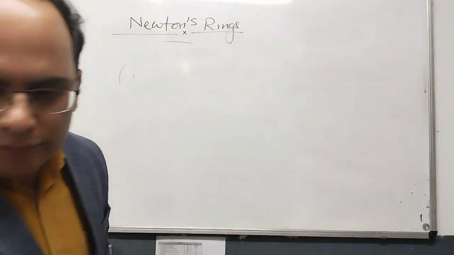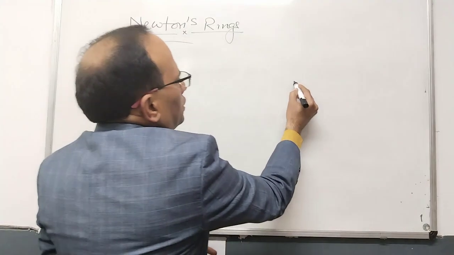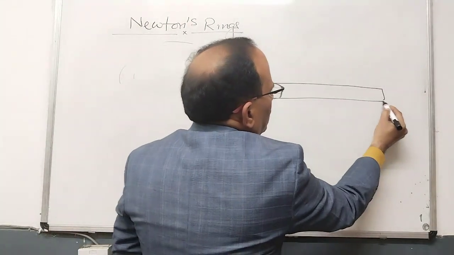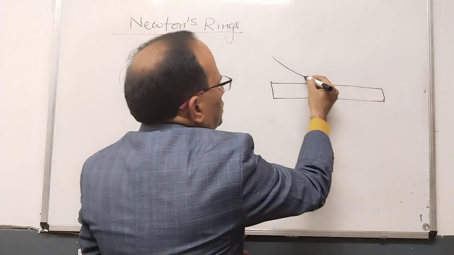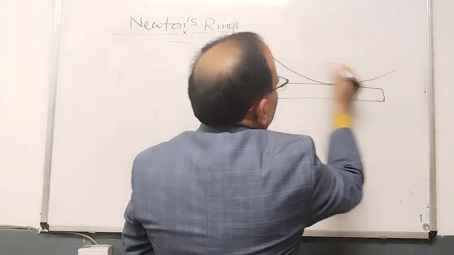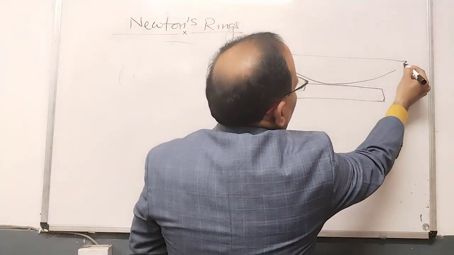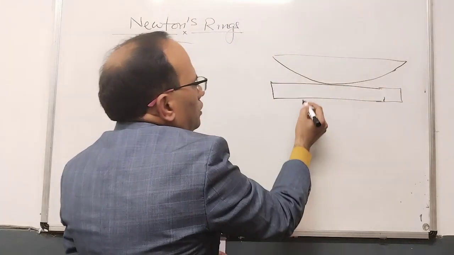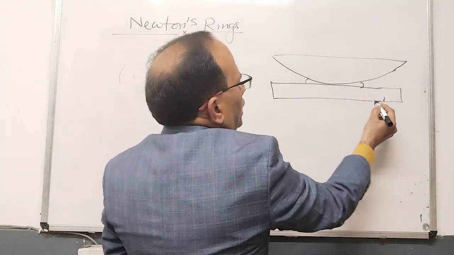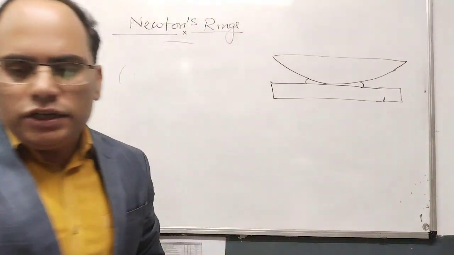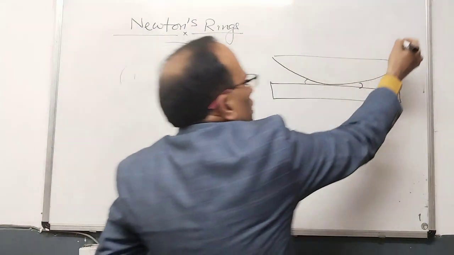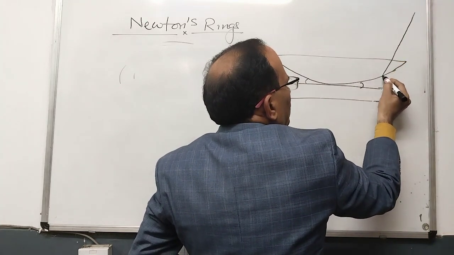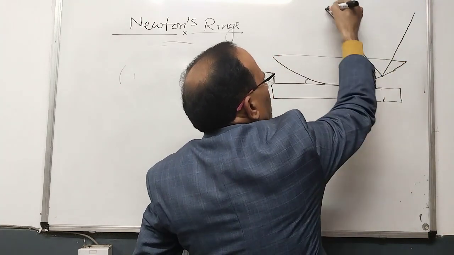Suppose this is my glass plate, and on this glass plate there is a plano-convex lens. Now suppose this is the air gap on both sides. Suppose a ray is incident from this angle, so the ray may reflect from this side, and it may go like this.